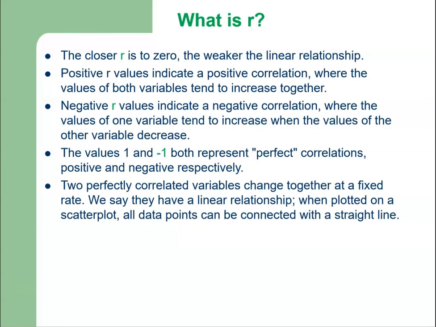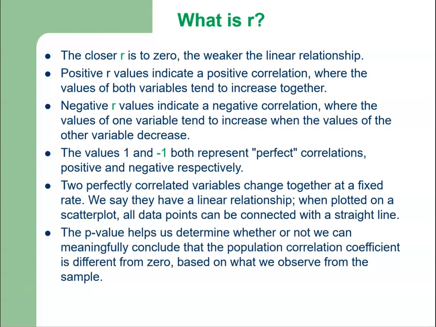We say they have a linear relationship. When plotted on a scatter plot, all data points can be connected with a straight line. The p-value helps us determine whether or not we can meaningfully conclude that the population correlation coefficient is different from 0 based on what we observe from the sample data.